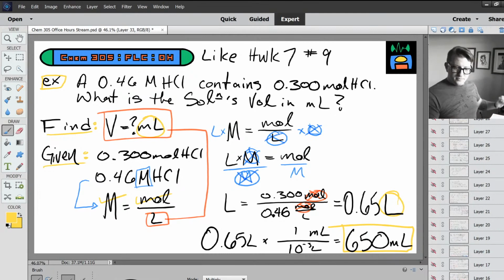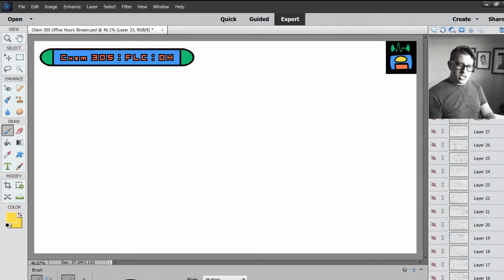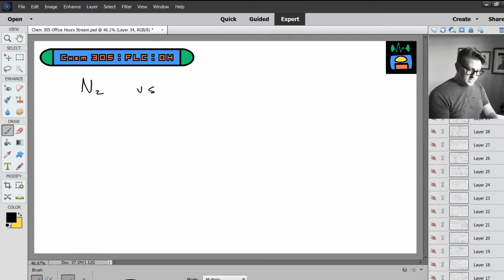Well, okay. So comparing N2 versus IF is a little apples to oranges because of polarity issues. So let me just look up the electronegativity for iodine really quick.